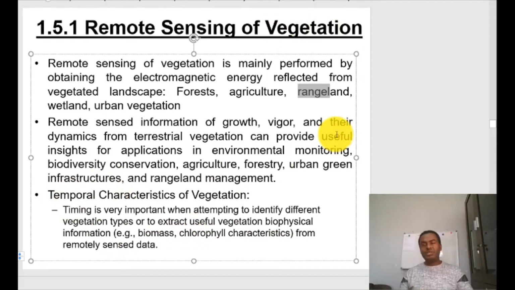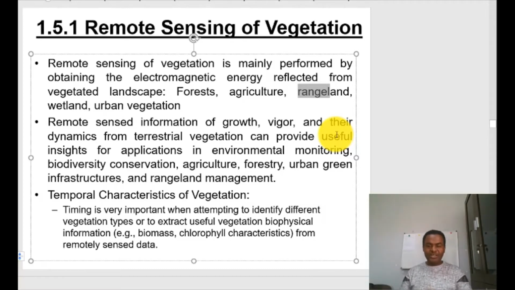And in remote sensing of vegetation, it is very important to pay attention to and understand the temporal characteristics of vegetation. You have to know when to select; the timing of the satellite image matters. For example, if you select a satellite image that was taken during rainy season, we know that in rainy season the atmosphere is full of water vapor.